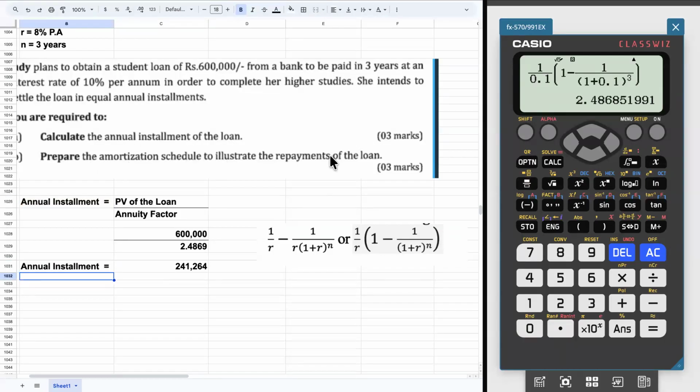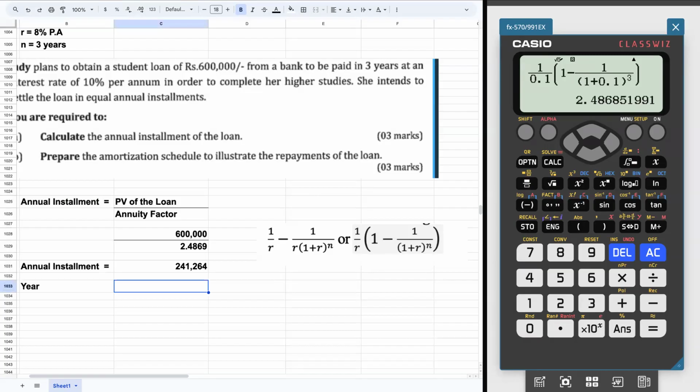And prepare the amortization schedule to illustrate the repayment of the loan, right? Now you know how to prepare the amortization schedule, right? Year will be there. And we will have the opening liability. For this opening liability, we have to pay interest.